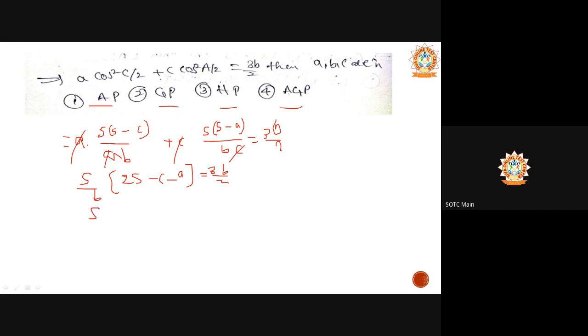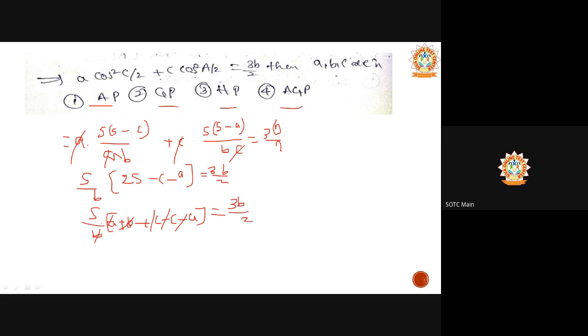Say yes or no? s by b into (2s, which is a plus b plus c minus c minus a). So here a minus a cancels, c minus c cancels, and b cancels. So you have s is equal to 3b by 2.